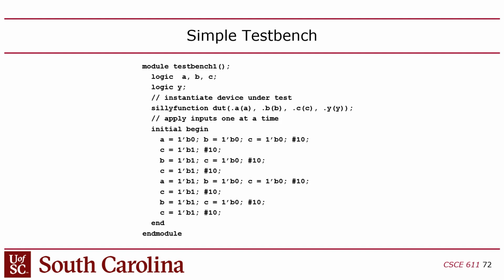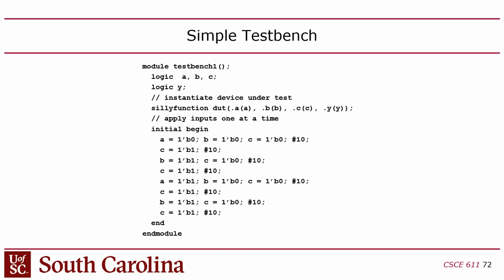You use this weird delay operator, #10. It'll delay for 10 time units, whatever the time units happen to be set up to be, which, as I mentioned earlier, doesn't really matter, because we're not simulating any kind of resistive capacitive delay here. So time is not really important here with the behavioral simulation, okay?